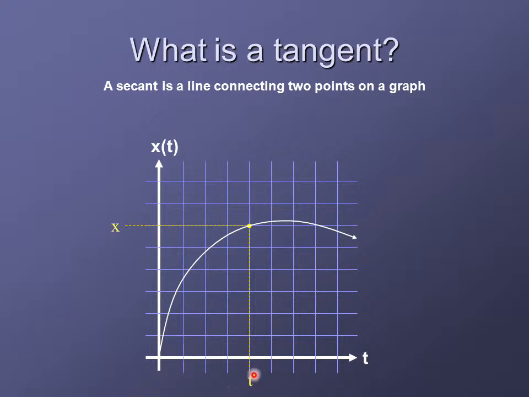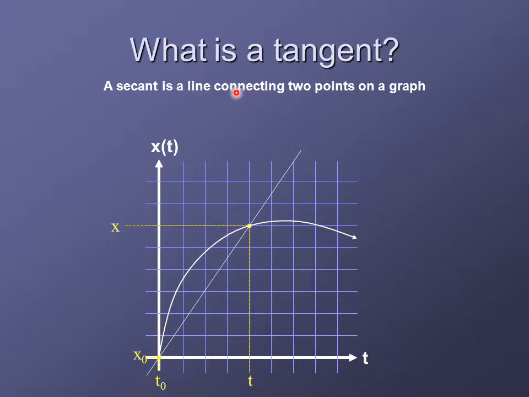Call it horizontal position t, vertical position x. Take another point that we don't care about. Call it t0, x0. Okay, draw a line between them. This white line here, that's a secant line.